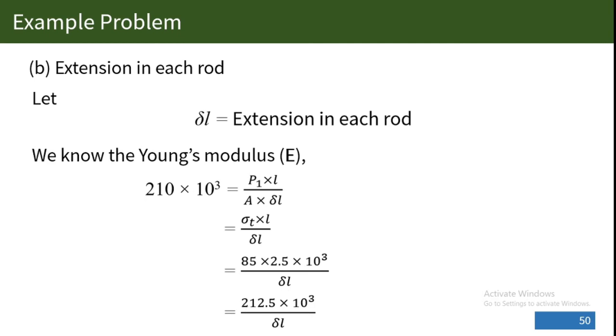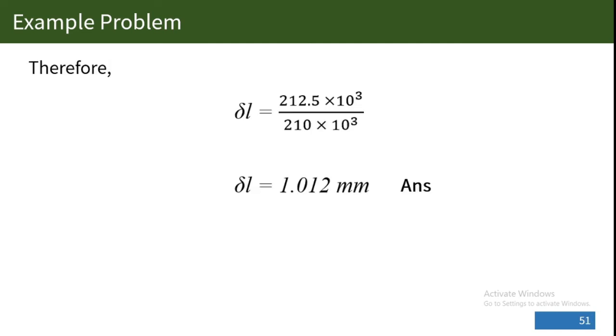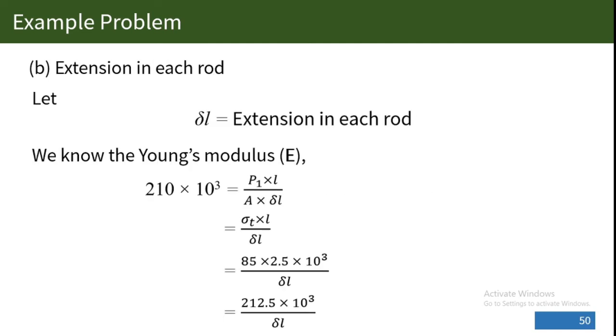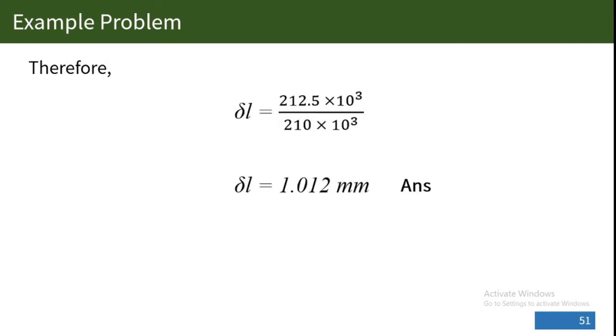Okay, so we have delta L, we divide 212.5 thousand over 210,000. We get the elongation or extension which is equal to 1.012 millimeters, right?